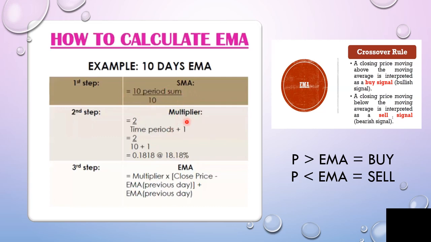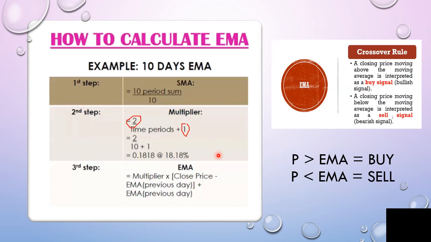The second step is the multiplier. The multiplier here is 2 divided by time periods, which is 10, plus 1. The 2 and 1 are constants. So this one you will get 18.18%.